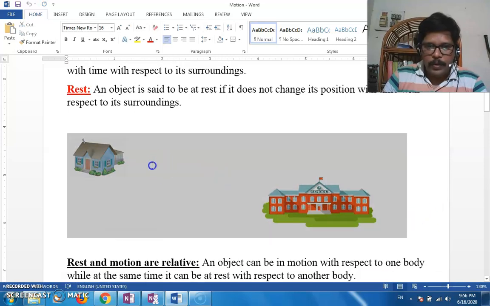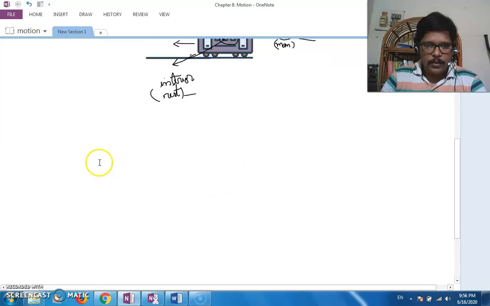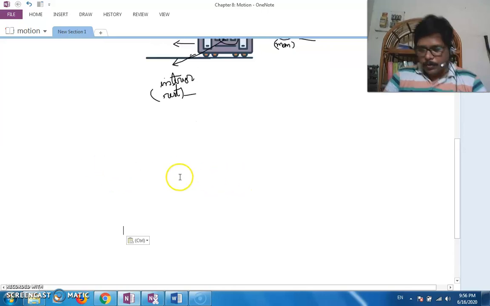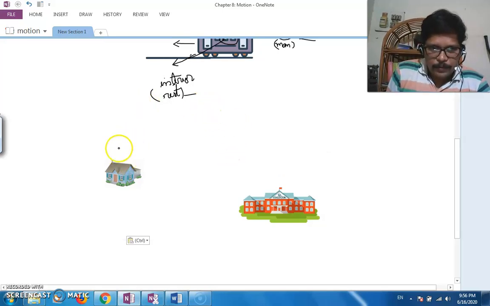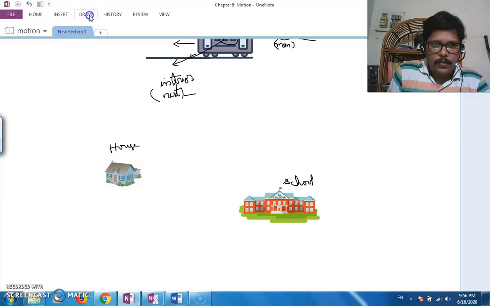Let me pick one more example for you to understand the definitions and the topics in motion. So this is your house and that is your school. Let me draw the road.